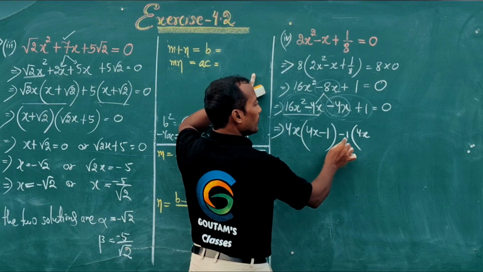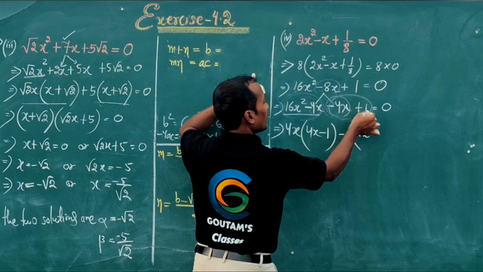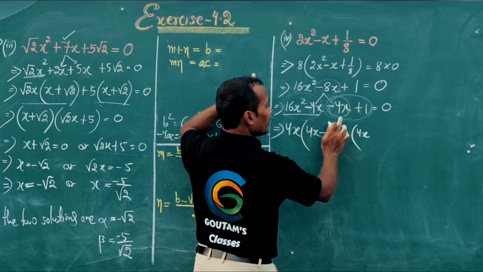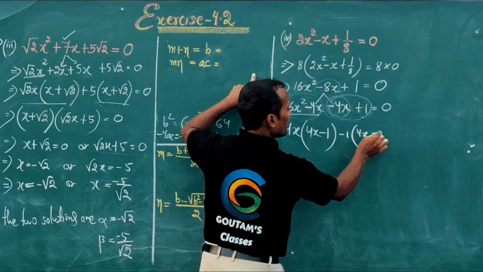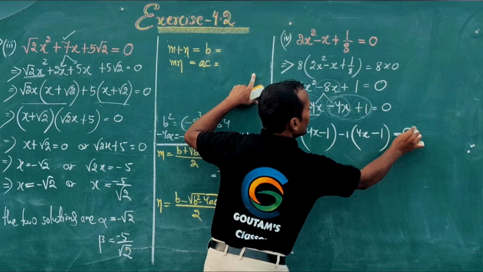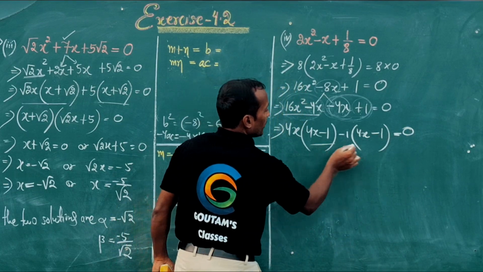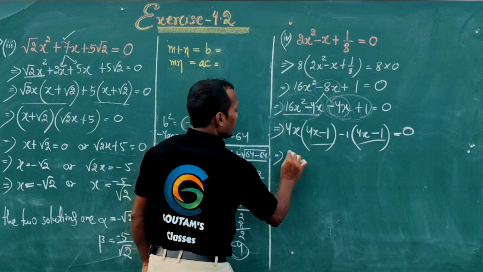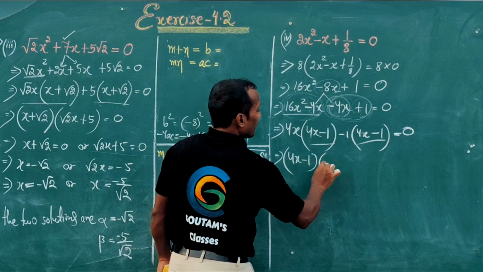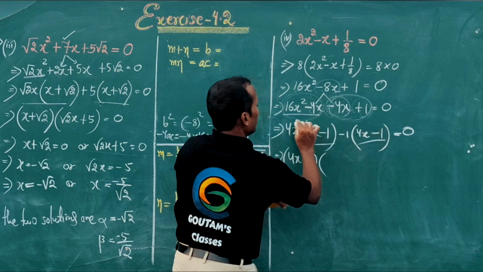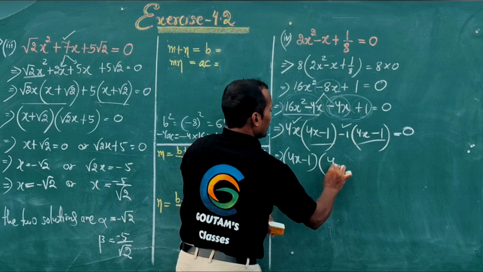When you take a negative thing common, the terms from where you took common change their symbols. Minus 4x changes to plus 4x and plus 1 becomes minus 1. Now you can see the common binomial. This common binomial will be taken common. 4x minus 1 is taken common, and what is left? 4x minus 1.